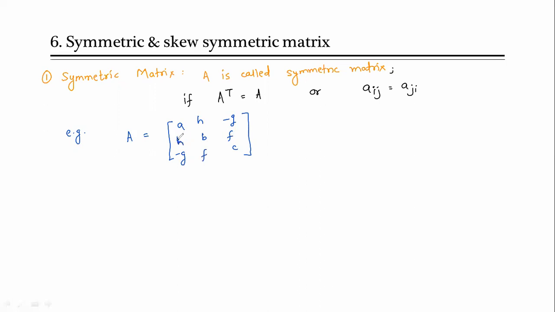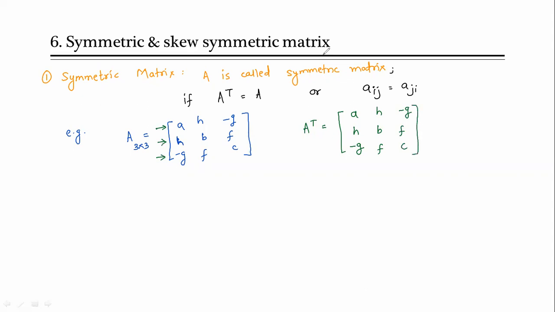Now, what is the order of this matrix? 3 by 3. Now, if someone asks me, what is A transpose? So, how am I going to write A transpose? This is the first row. So, the first row I have to write as the first column A, H, minus G. This is the second row. I have to write it as the second column H, B, F. This is the third row as the third column.